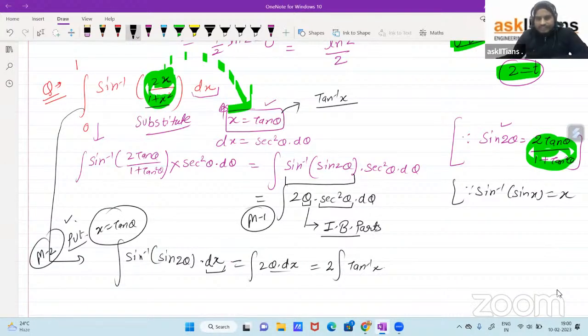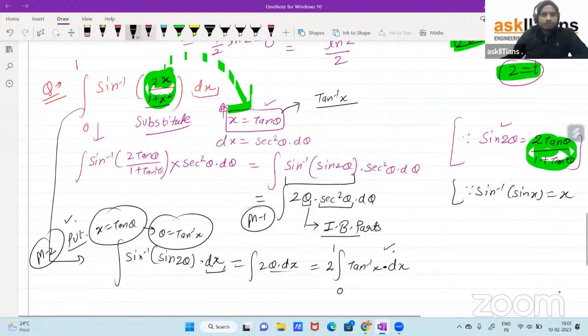Now theta is tan inverse x, so you get 2 times tan inverse x. The variable is not changing, it is x only. So the limits will also be the same as given in the question, 0 and 1.